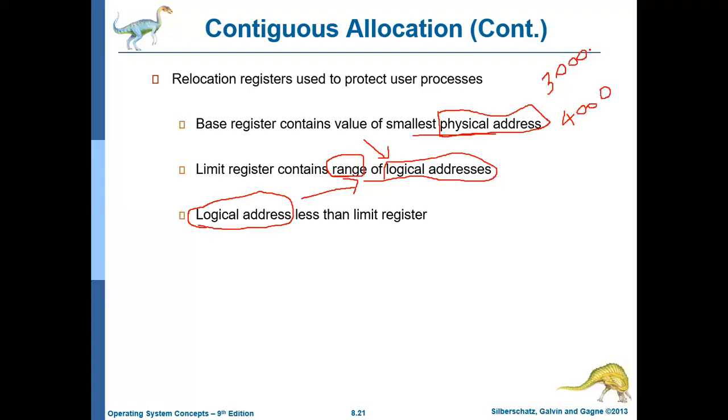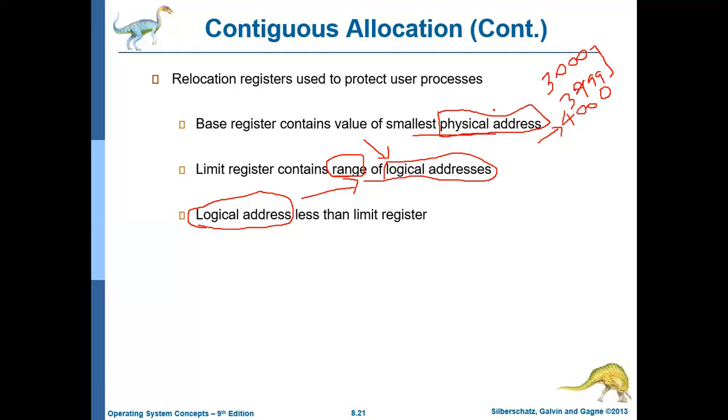Starting from 3000, it can access up to location 3999. 4000 is the limit, so it cannot access from 4000. So the actual addresses it can access are from 3000 to 3999.